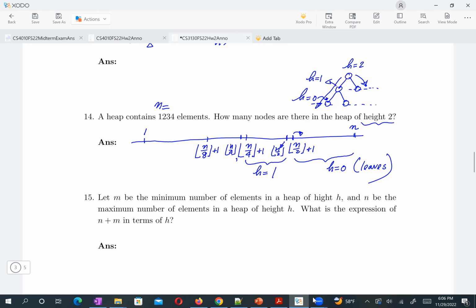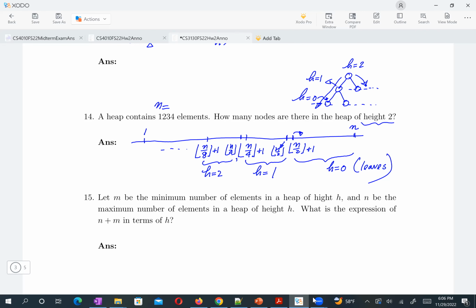This subinterval has height equals 2, and so on. That's the basic structure of the height with the position numbers.